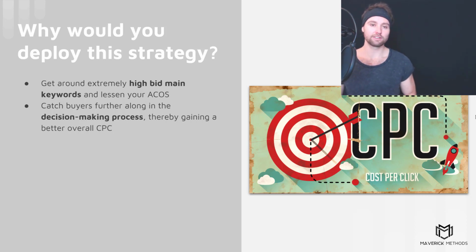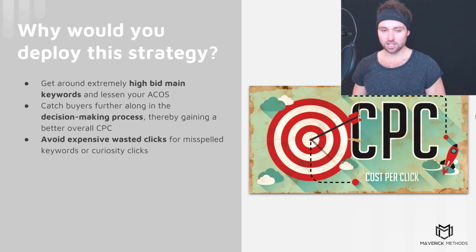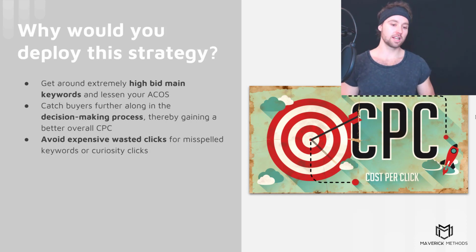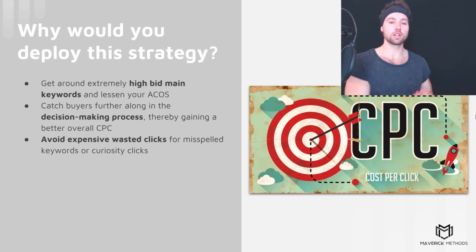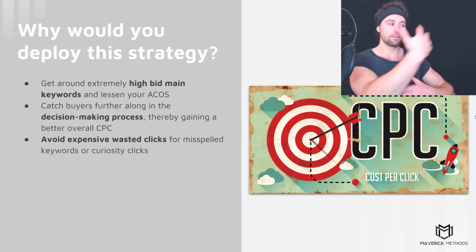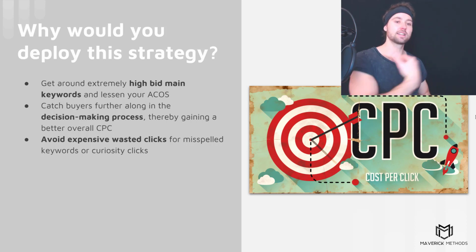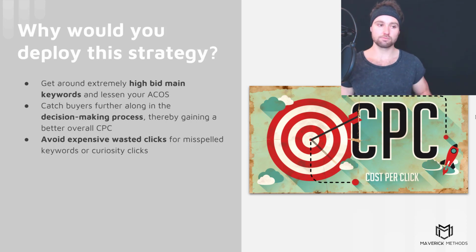What we mean by further along in the decision-making process is that you're actually avoiding a lot of wasted clicks for misspells or people just clicking out of curiosity on the main keywords page. In this case, you have a buyer who's further along in that decision. They have firstly typed in a keyword, found the results page, and then clicked into a listing, and then scrolled around and looked at the sponsored products related to this item section.